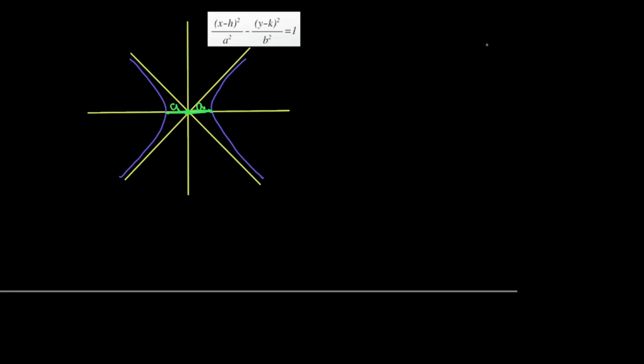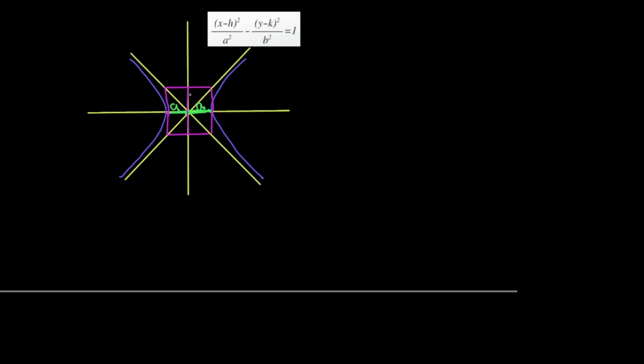The B is a little more complicated. You have to match this vertex, draw a vertical line to the asymptotes, like this. And the B would be the distance from the center to the top of this box we have.